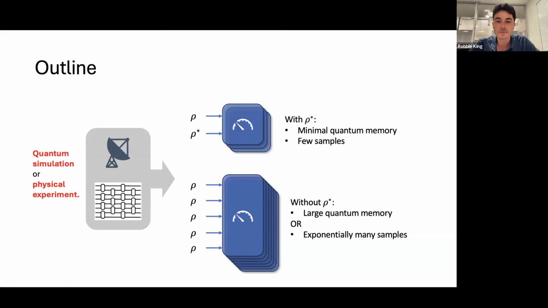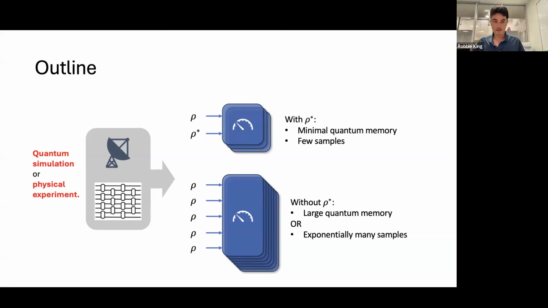Okay, so in this work, what we'll see is that there is a learning task of this form: you get some interesting many-body entangled quantum state, and you would like to learn some properties or measure something about it.